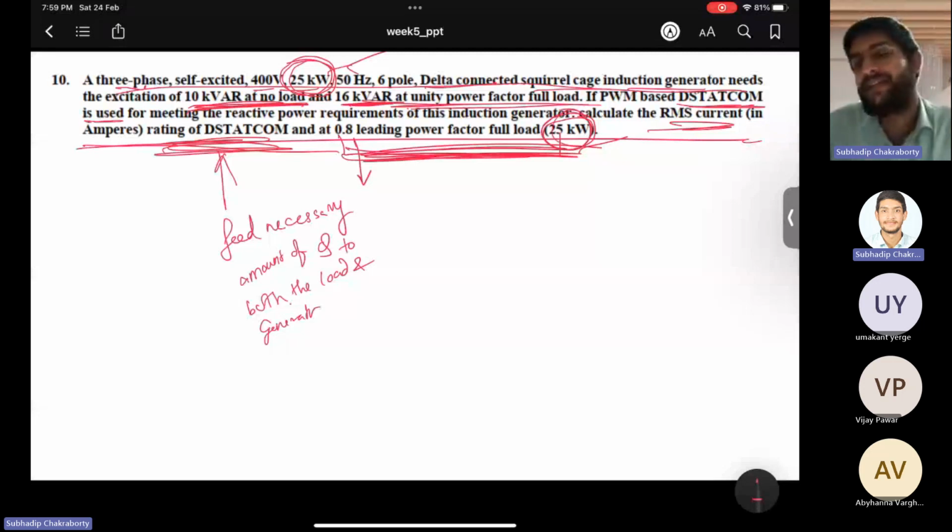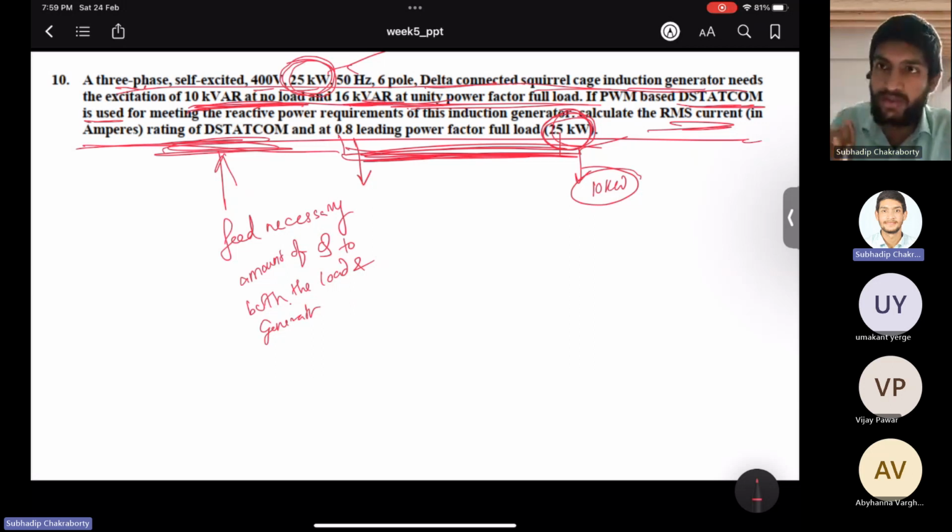If I try to confuse you by giving 5 such reactive powers and make the load, for example, 10 kilowatts, I may do it. I may make it 10 kilowatts and give you 5 data points in tabular form. You should be able to pick from that data for that particular loading on the generator.